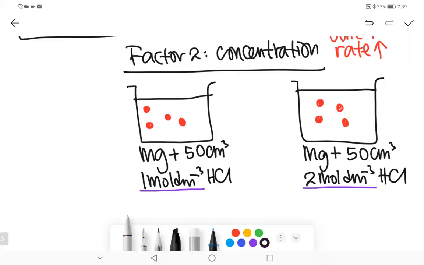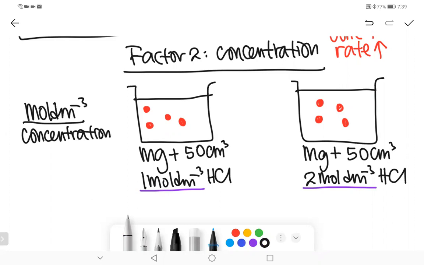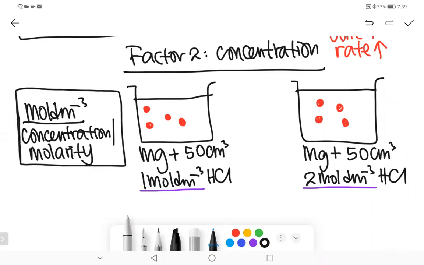We learned in the previous chapter on acids, whenever you see anything ended with mole per dm cube, this is concentration, or another word they can use, molarity.